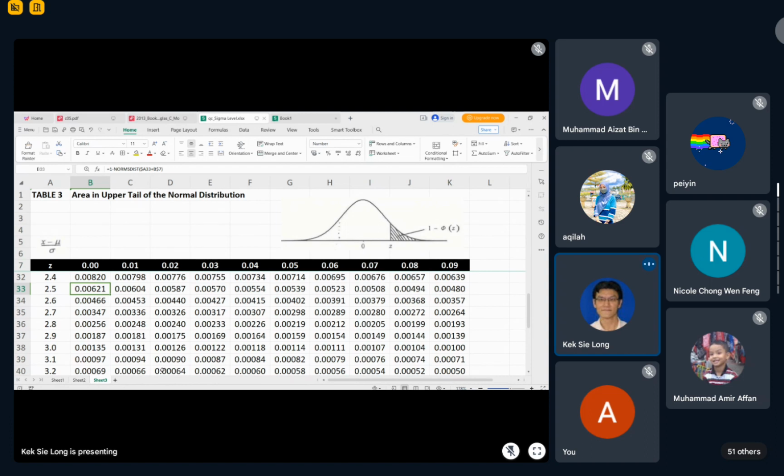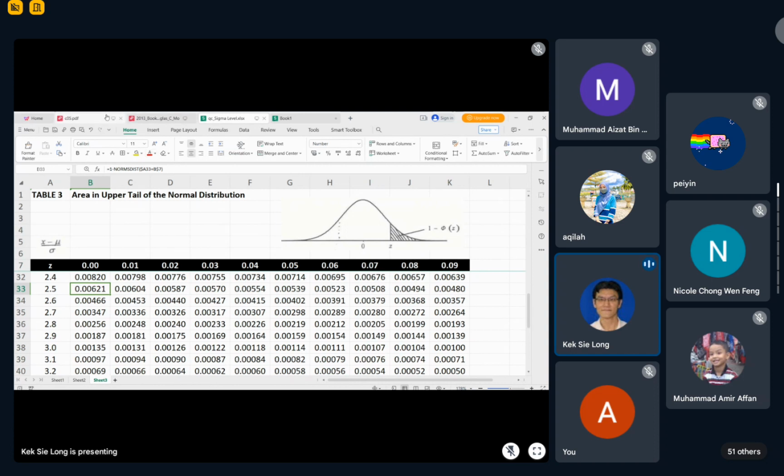You take 0.0621 times 2, so it's 0.01242, right? So this is how to determine the P value from the statistical table.